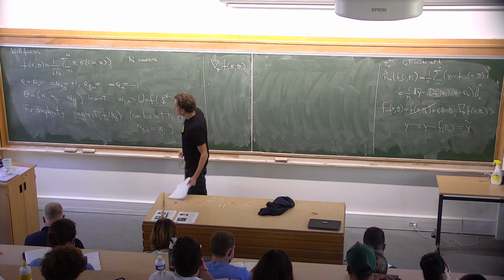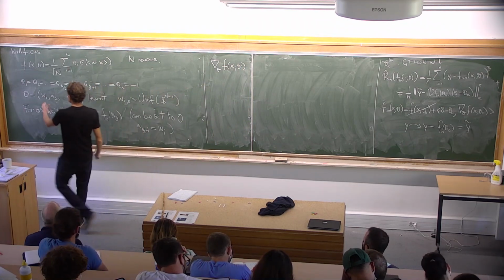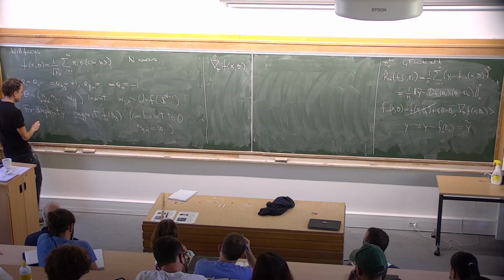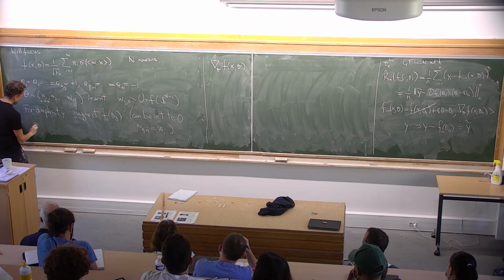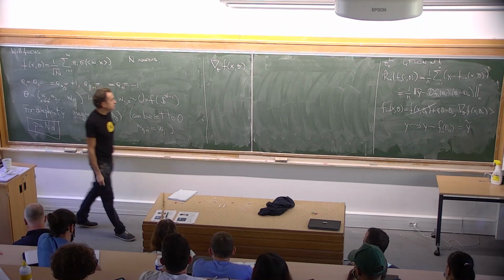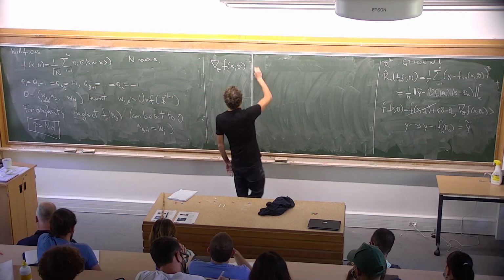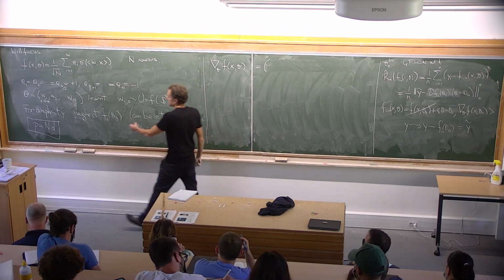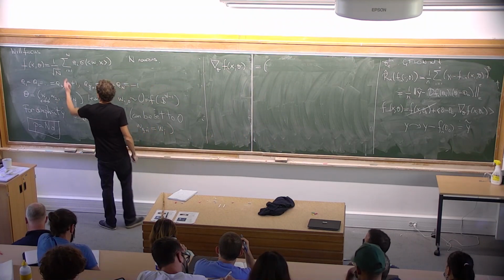All right? So this vector theta, what is the number of parameters? Each of these is a vector of length d. There are capital N of them. So the number of parameters in this model is the number of neurons times the input dimension, right? So what is the gradient here? Well, it's obtained by stacking the gradients with respect to each of the w's.